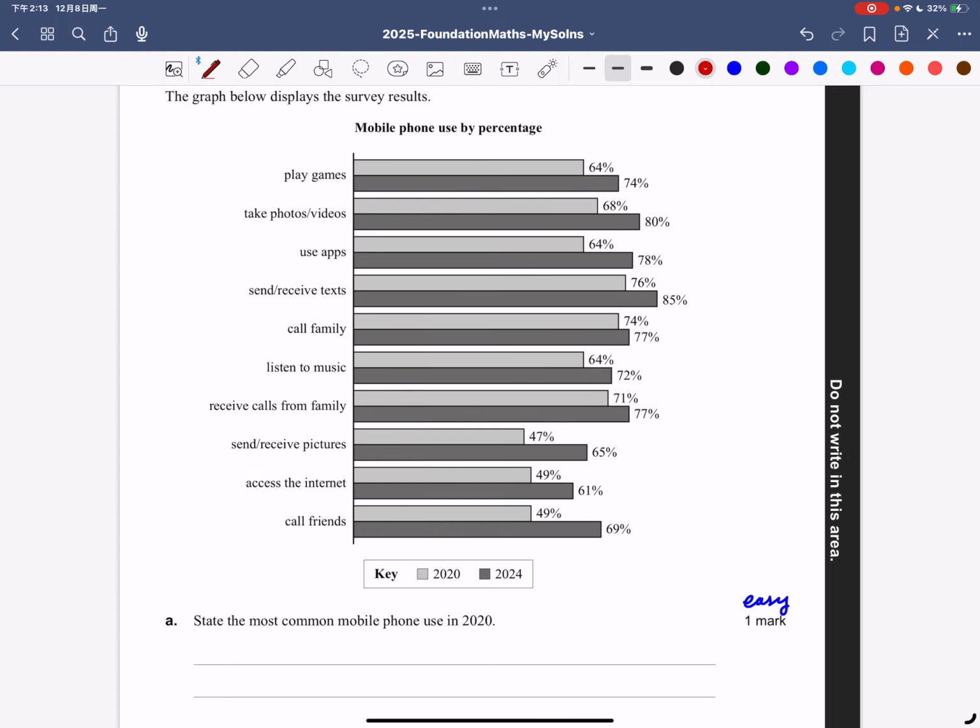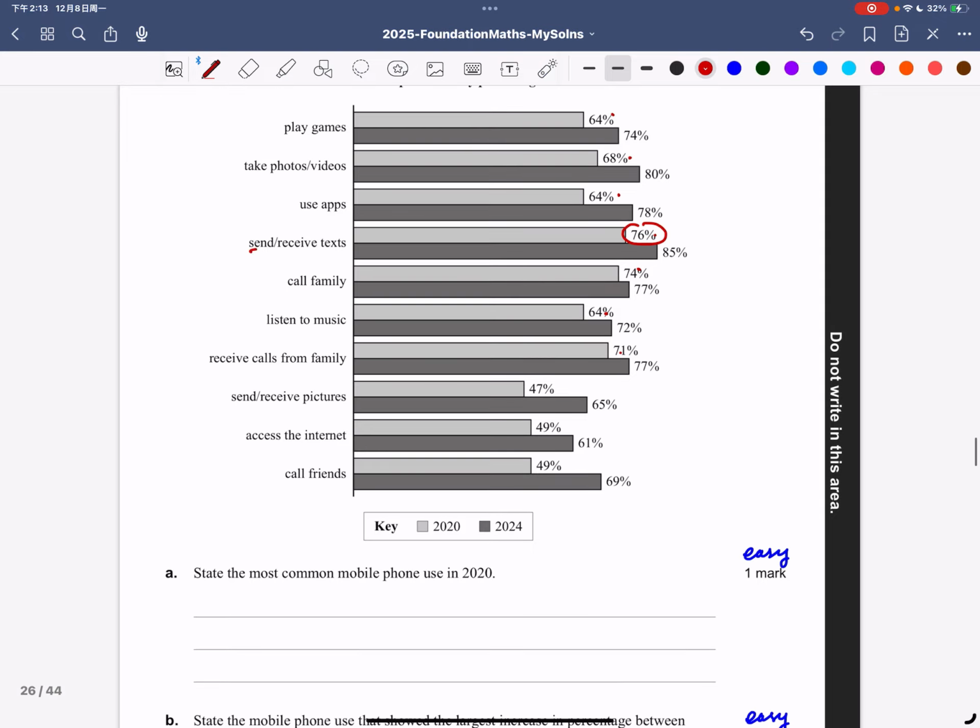We look at the largest number, 64, 68, 64, 76, 74, 64, 71. So I would say it's here, okay? That's 76% in 2020. Send or receive text.